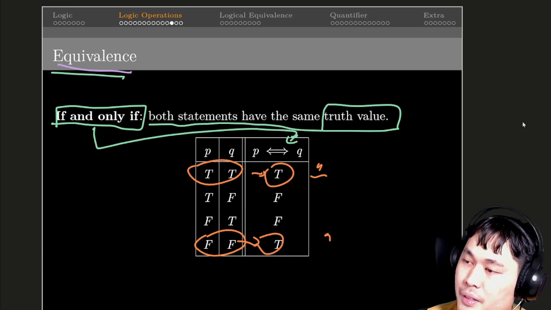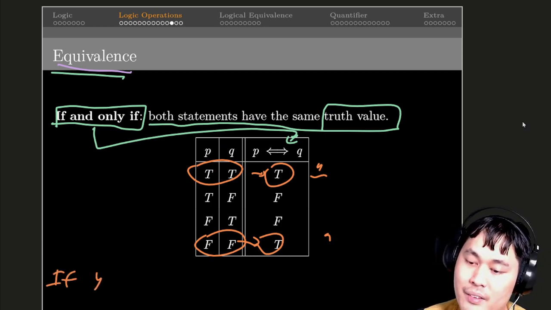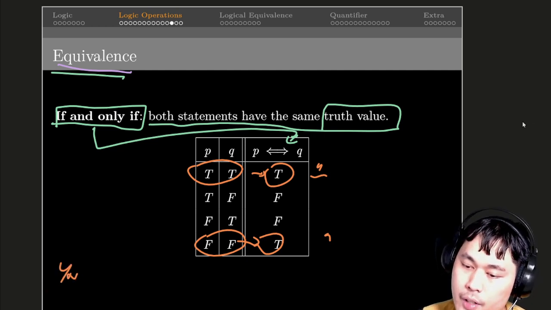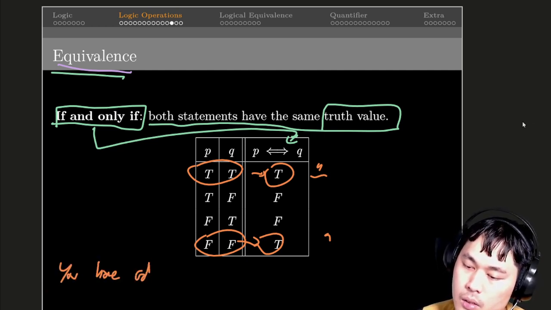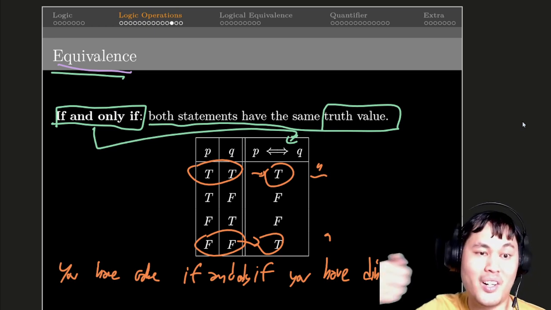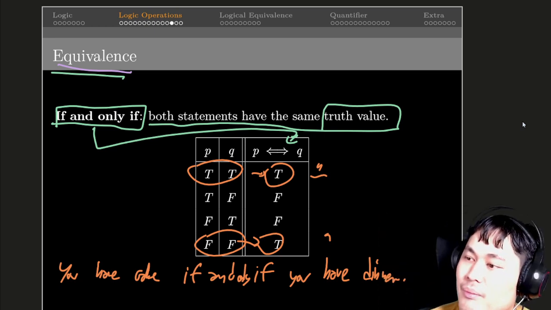For instance, the dad could instead say, you have cake if and only if you have dinner. Then this is what we thought the dad promised us.